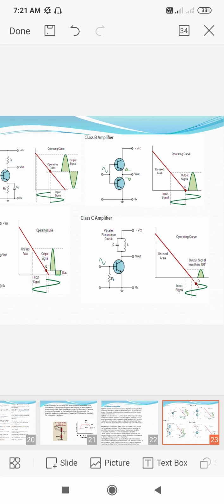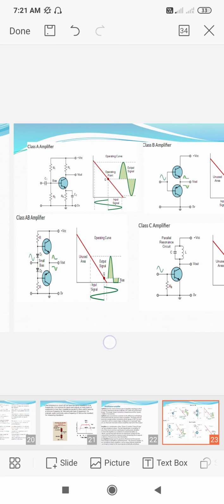Second, there are two transistors, NPN and PNP. The input is applied and the output obtained is half of the AC signal. In class AB amplifiers, there are the same two transistors, and two diodes D1 and D2 are connected on the input side, and the output will follow the DC load line.